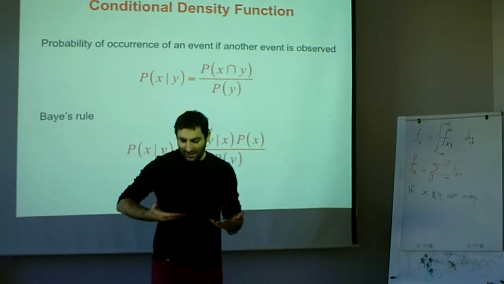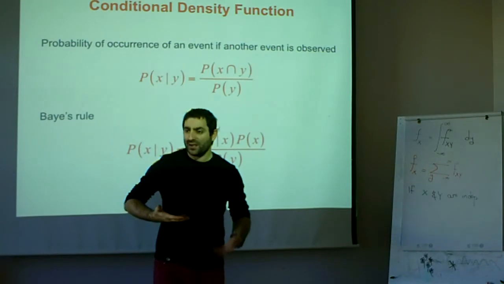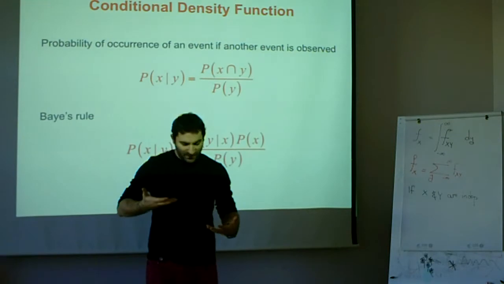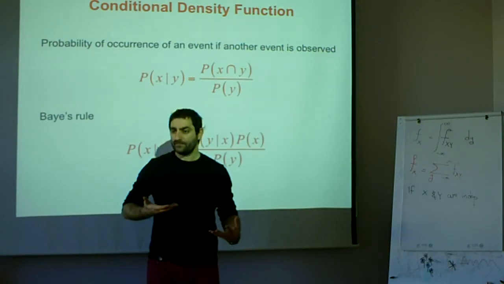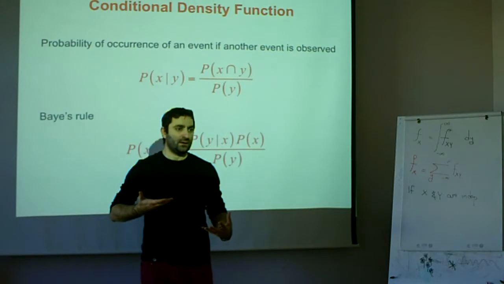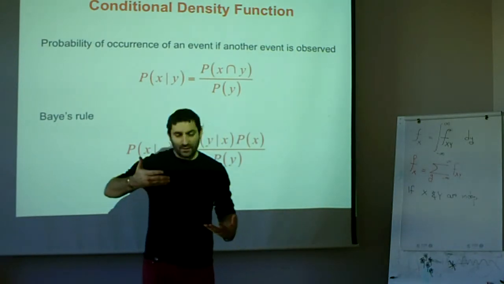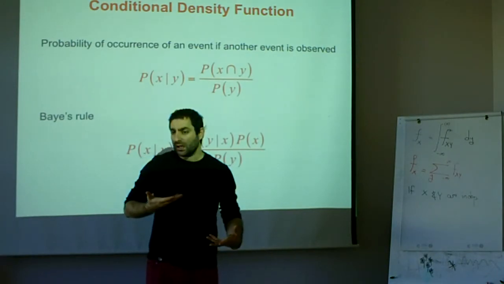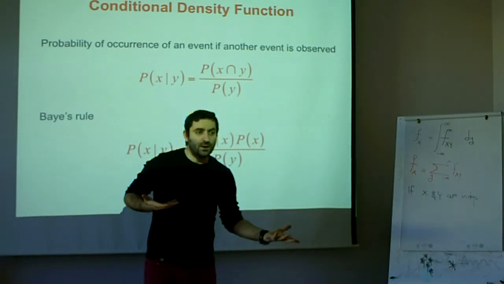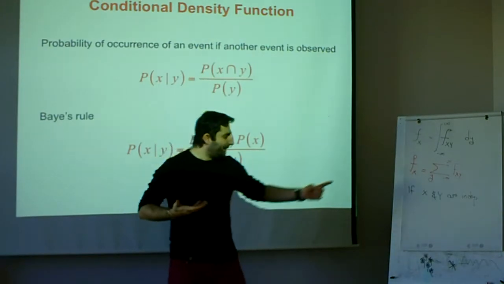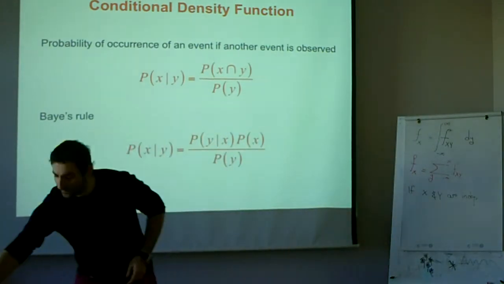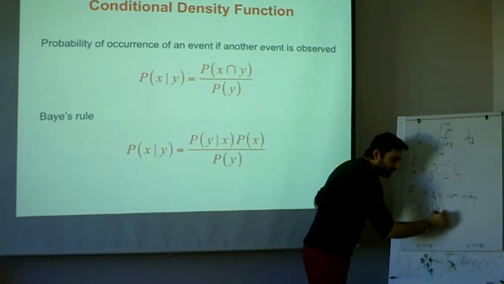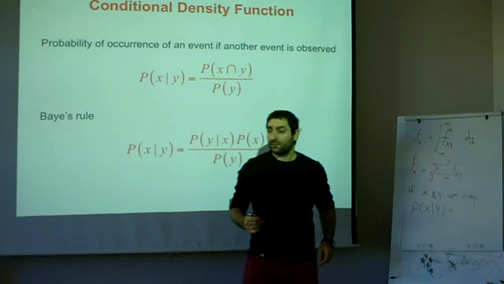So what is the probability of having right if Y is happening? Will it be affected by the happening of Y? No, because it's independent. So if X and Y are independent, the probability of having X given Y is independent from Y. What is the probability of X given Y?